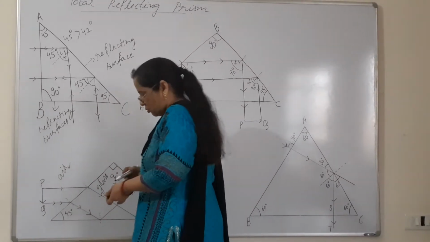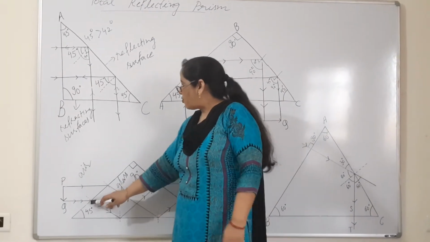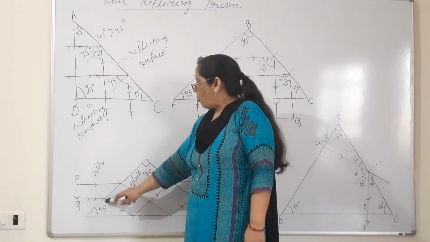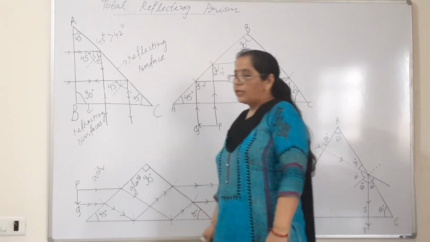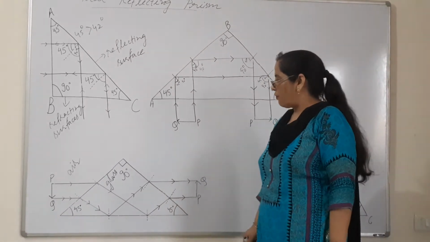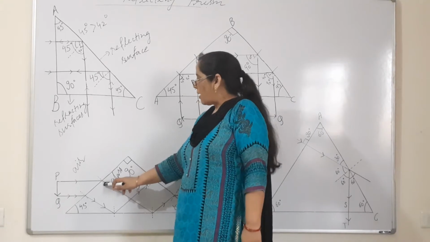Where the ray is striking, again we will draw the normal. Whenever it is coming from rarer to denser medium, it has to bend towards the normal.